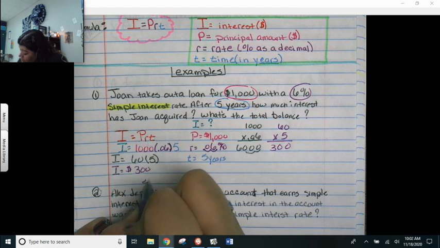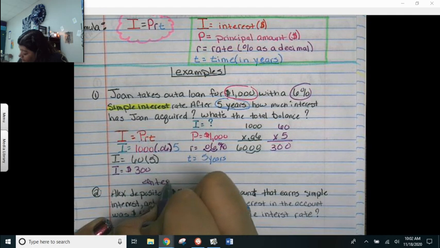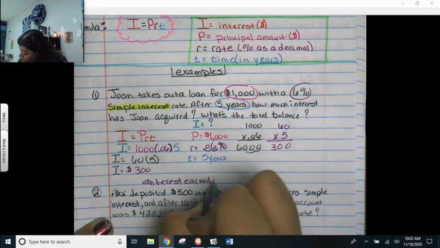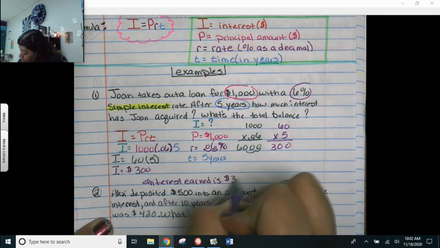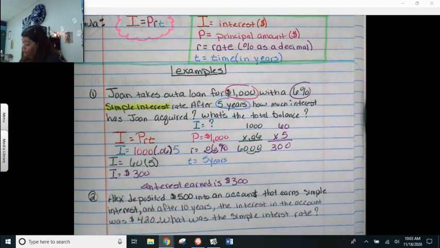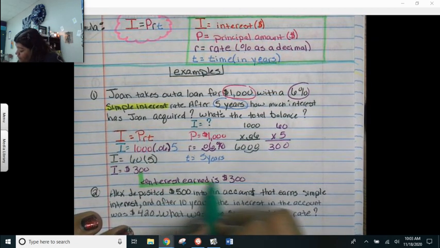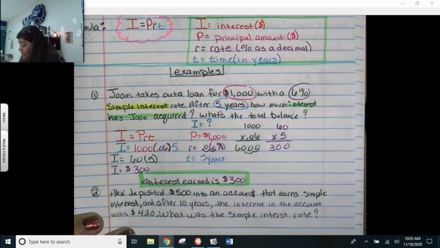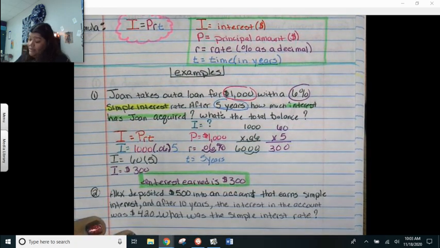So the interest earned is $300. Okay. And that was for the first question. And how much interest has been acquired? She has acquired $300. And remember, this is over 5 years. So that's not too bad.